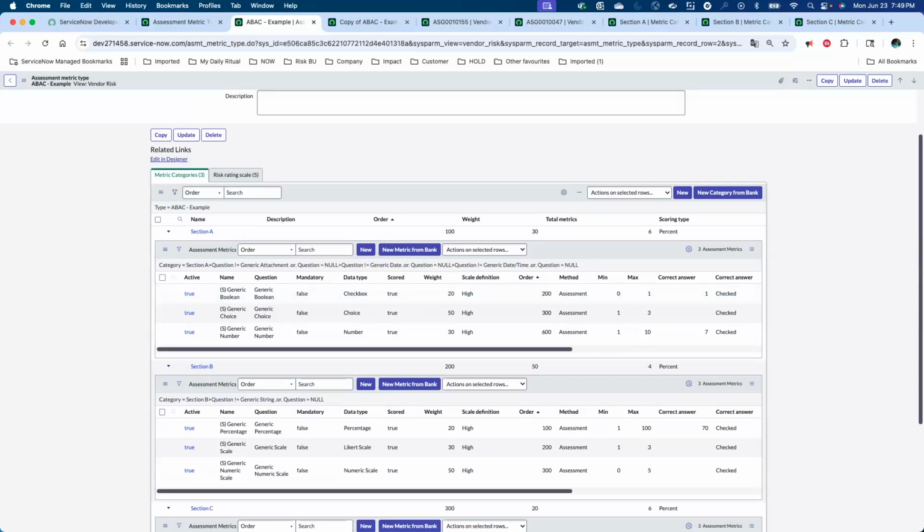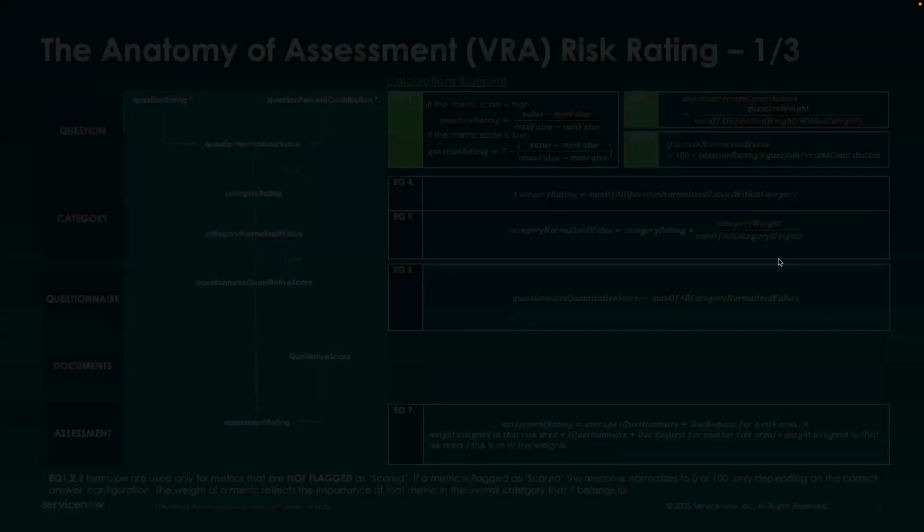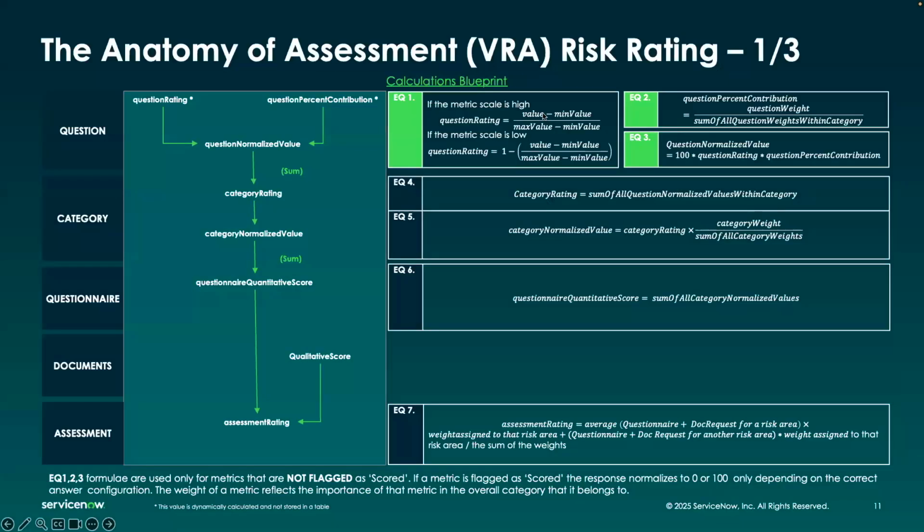So going back to our anatomy of risk rating real quick, in the calculations blueprint, these equations, EQ1, EQ2, and EQ3 are not really applicable when scored is equal to true, in which case it just evaluates the question rating to a 0 or 100, and then multiplies it by the weight of the question, the weighted average value of the question, to come up with the normalized value.